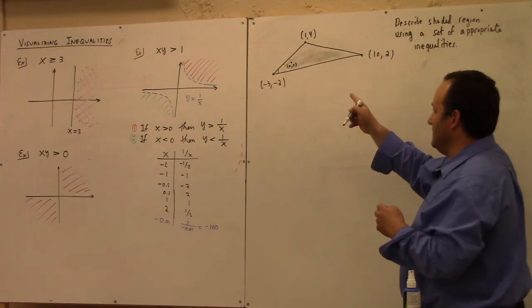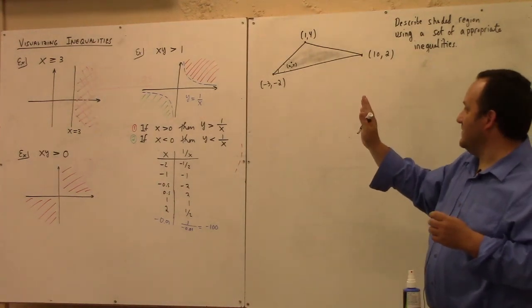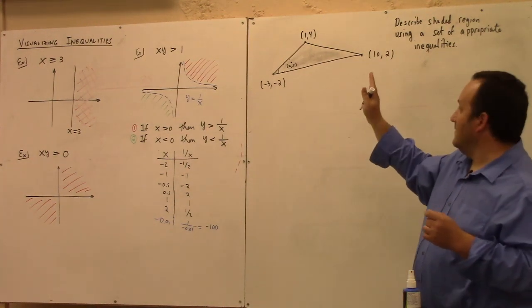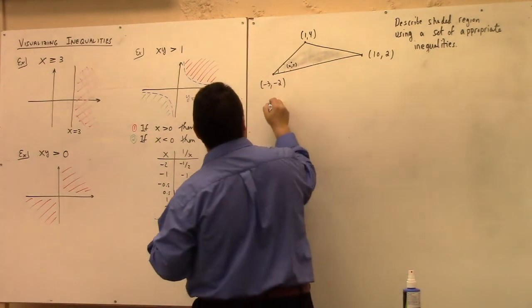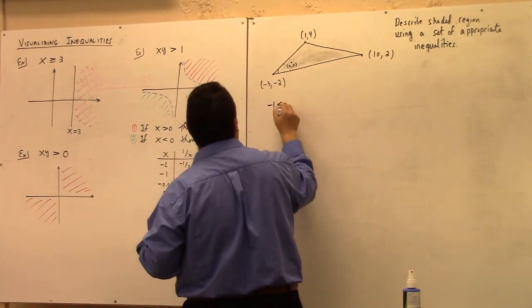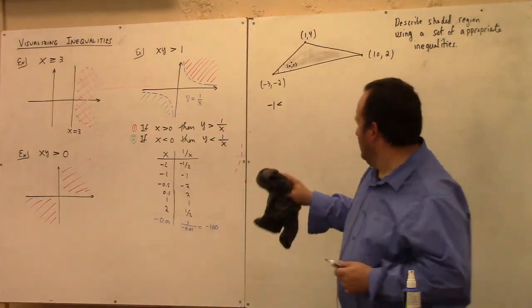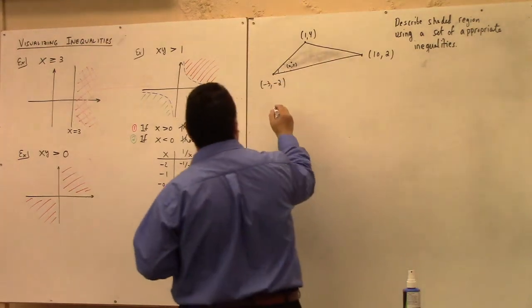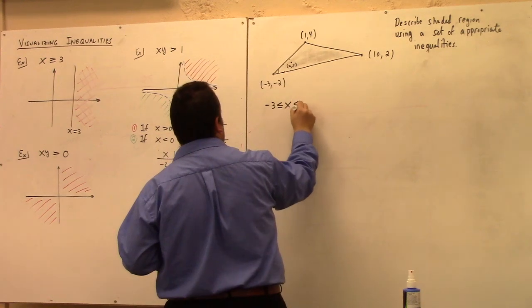If I pick that point, if you think about it, x is going to be between what? -3 and 1, right? So -3 is less than or equal to x, which is less than or equal to 1, right?